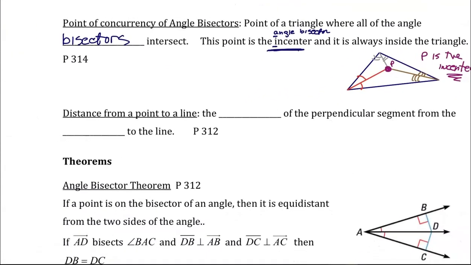Okay, when they say find the distance from a point to a line, they really want the perpendicular distance. So the distance of the perpendicular segment from the point to the line. That's the distance that they're talking about.